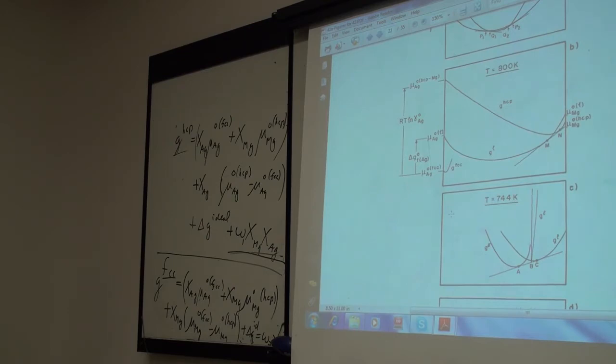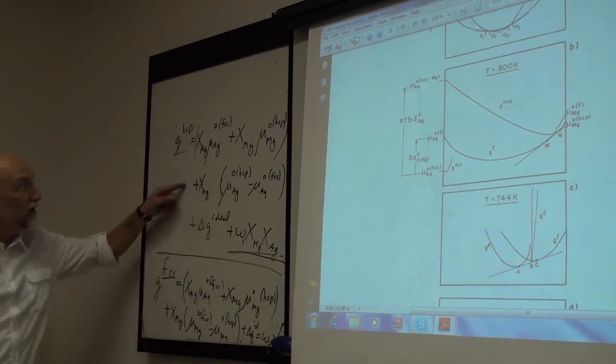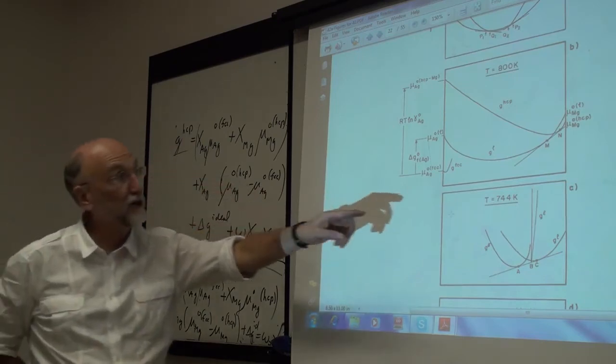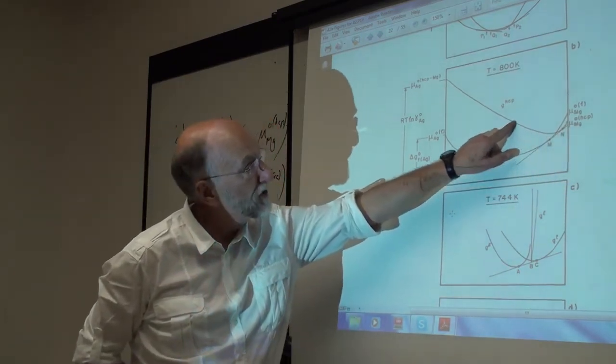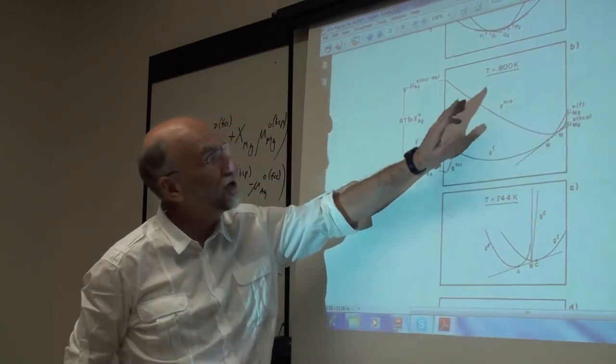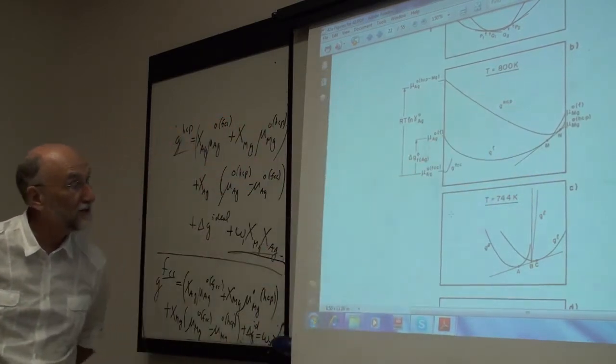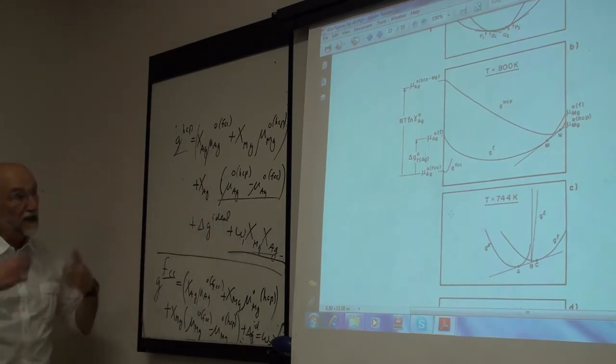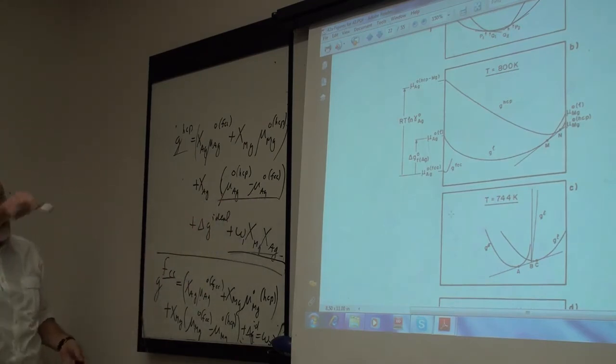Anybody want me to go over this again, or are we all happy? So this is an appropriate equation for the HCP solution, which has a hexagonal structure. You have a hexagonal structure and you're throwing silver, which prefers an FCC structure, into a hexagonal environment. Every silver then has this sort of difference in energy, which makes it like this Henryan term.